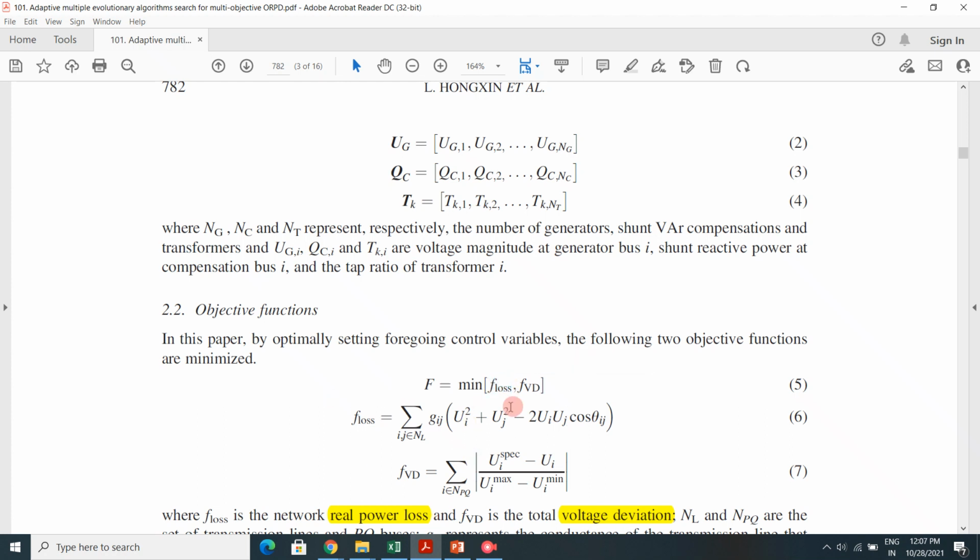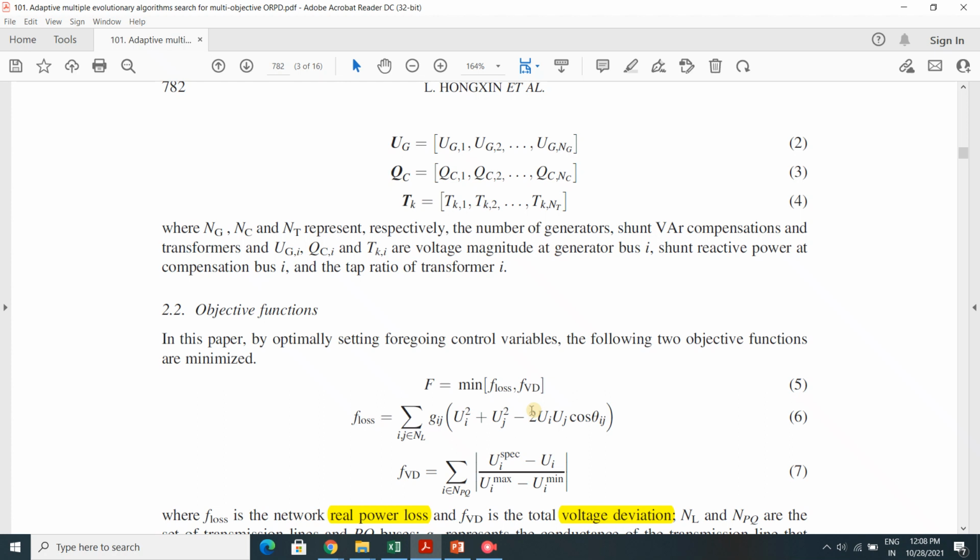Now the objectives are that the power loss should be minimum and the voltage deviation, that means the voltage of the bus bar should not deviate from the desired value. Suppose the voltage is 33 kV and it is considered to be 1 per unit, so it should be within 1 to 1.05 per unit or 0.95 to 1.05 per unit, because the calculations are always done with respect to the per unit system.